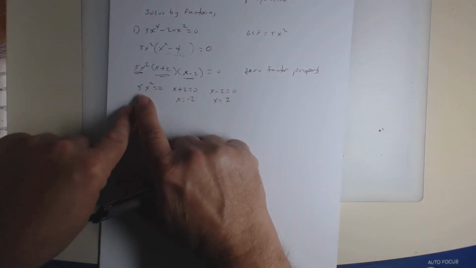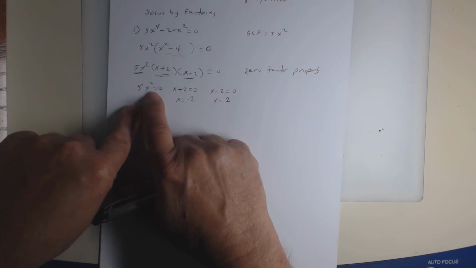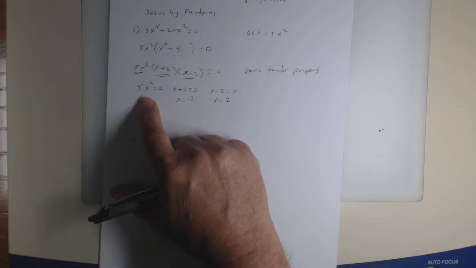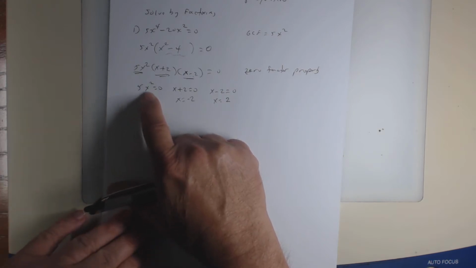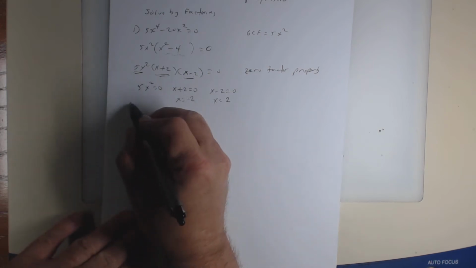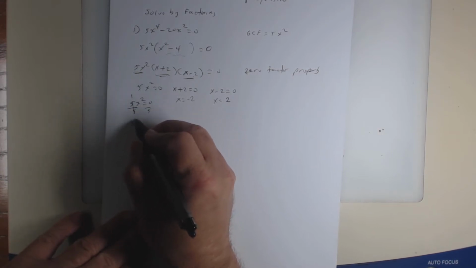Now, don't make this difficult, because you can do this in your head. You can think about it. 5 times what number times itself is 0? 0. And if you didn't think about it that way, then remember that's x squared, right? So I could divide both sides by 5. Look what I'm doing. 5 divided by 5 is 1. 1 times x squared is x squared.